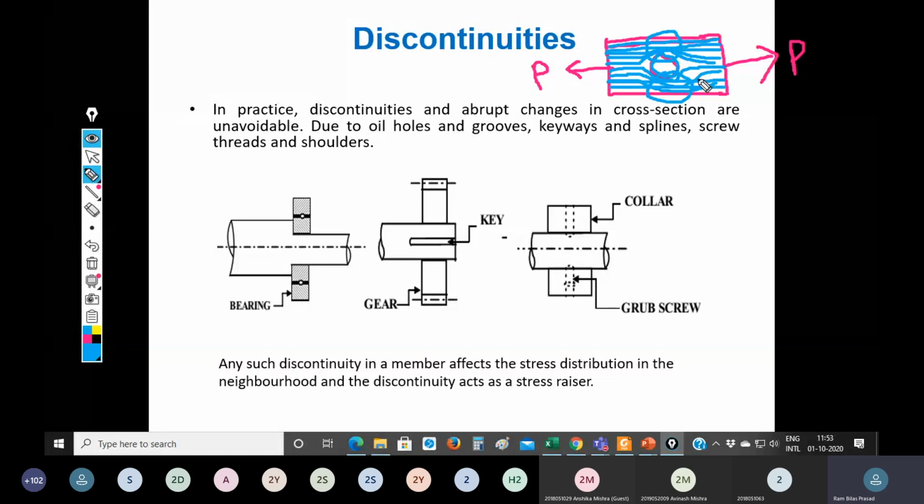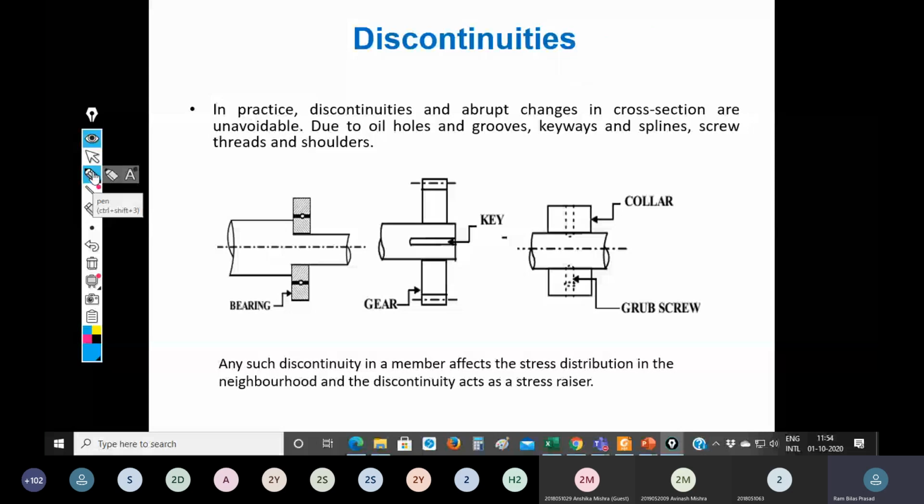This is the analogy with the flow of water, but obviously the theories are different here, only to understand how the stresses flow. Here you are getting a lot of stress lines in the vicinity of the hole, and these lines are responsible for higher stresses near the hole, right?